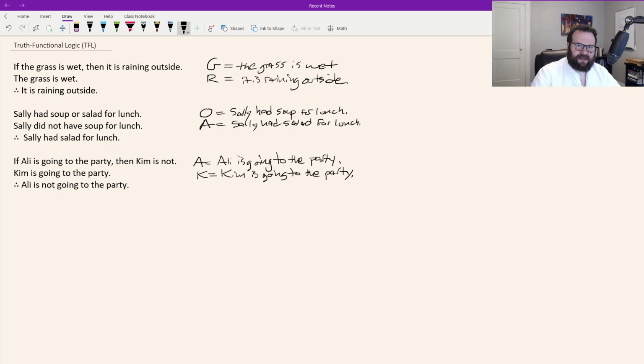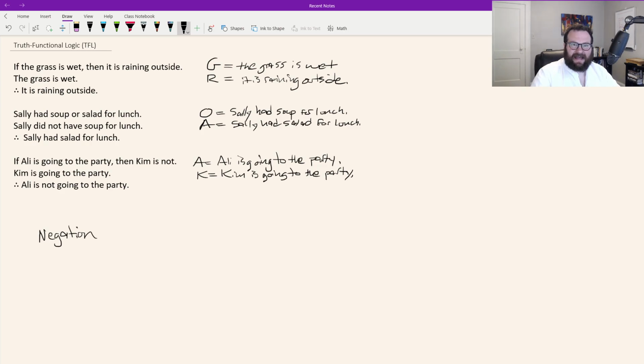So the first connective is called negation. Now, negation just flips the truth value of whatever it's applied to. Okay. So if you said Ali is going to the party, if you apply a negation to it, it now reads Ali is not going to the party.